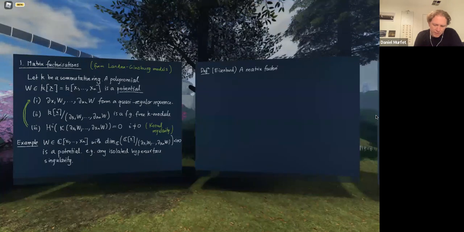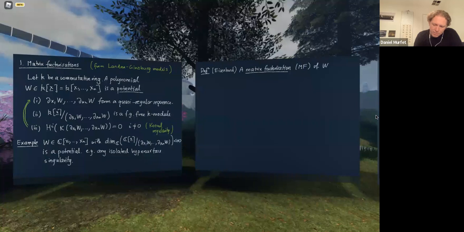These have been extensively studied over the last few decades. They were studied also extensively in the 80s when they were introduced in commutative algebra. But over the last few decades, particularly in connection with string theory, because these objects naturally arise there.